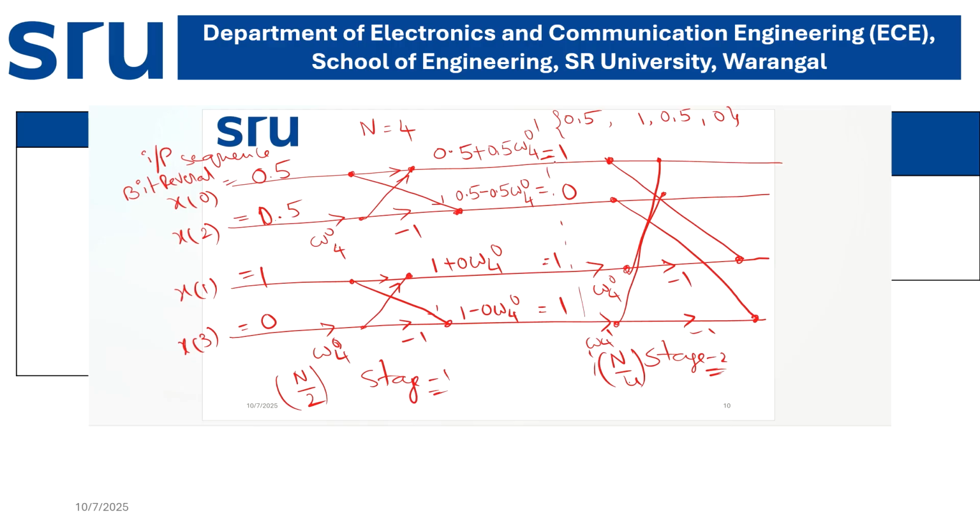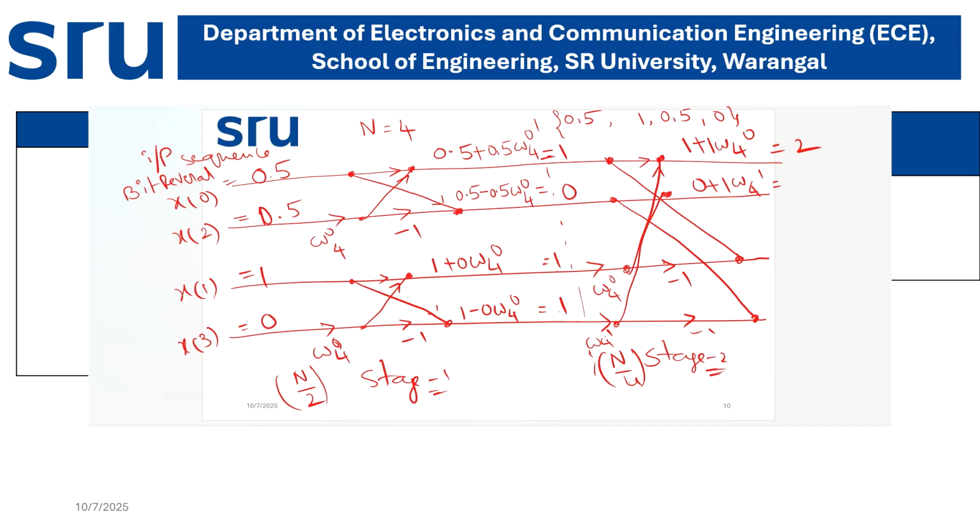Now again I have 4 nodes to get the output. For the first node, the first input is 1, the second input is 1 multiplied by the twiddle factor, 1 into omega 4 power 0. So 1 plus 1, that is 2. Now for the second node, the first input is 0, the second input is 1 multiplied by the twiddle factor, that is omega 4 power 1.